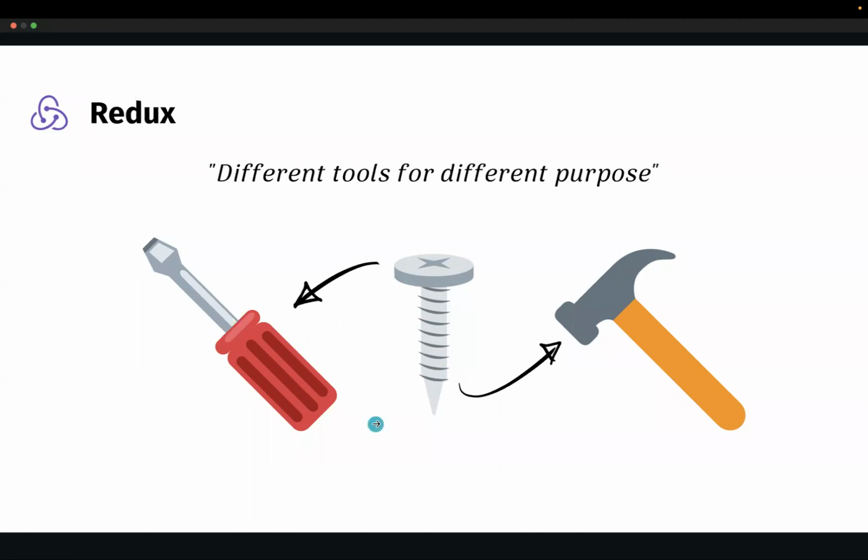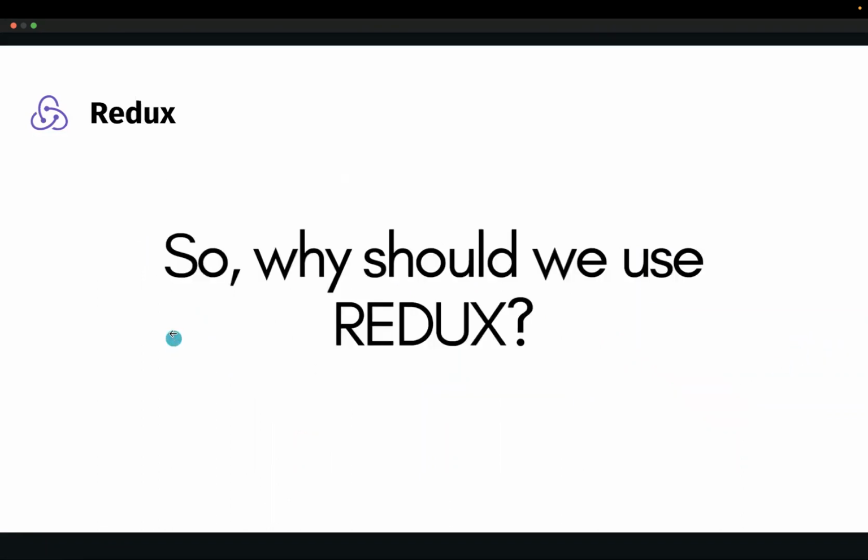The screwdriver, right? Looking at this screw, it is not a straight nail. It has threads. So looking at its threads, we find that a screwdriver will be perfect. So you can use both, but which one is perfect for you, you have to decide. So the question comes in, why should we use Redux?